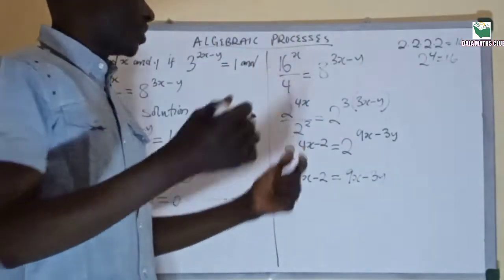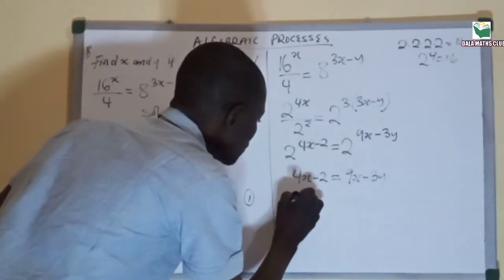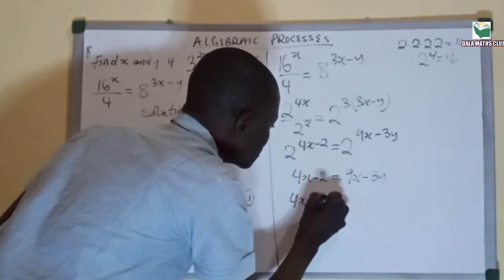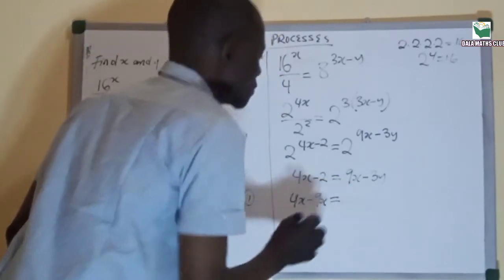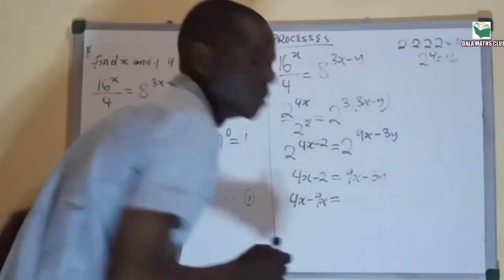We rearrange the equation by collecting like terms. Here we have 4x minus 9x is equal to, the 2 goes to the other side of the equal sign.